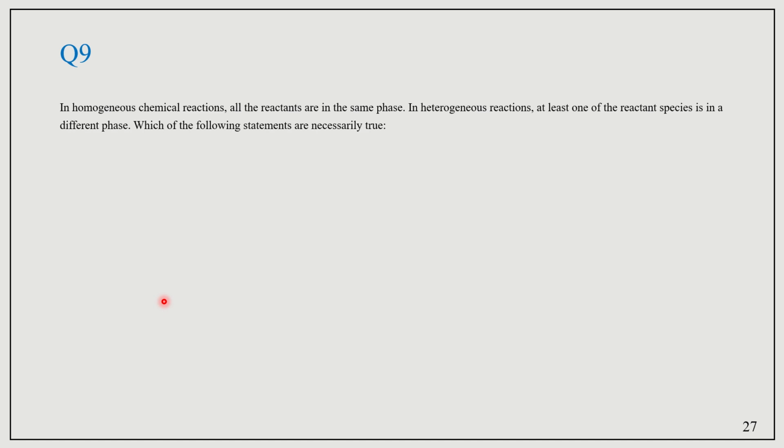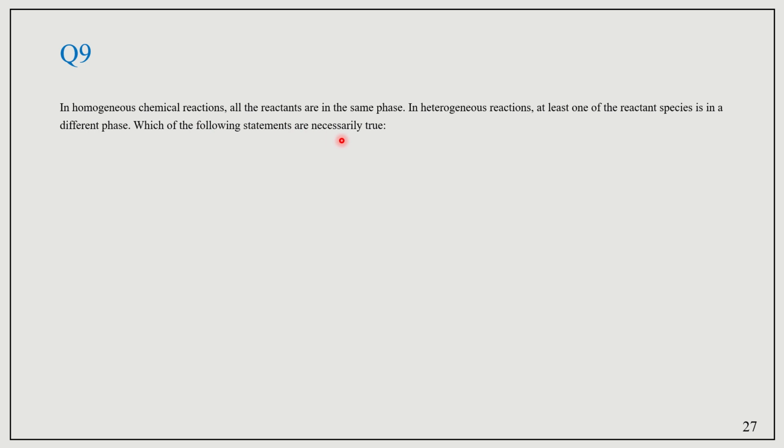So now coming to question 9. In homogeneous chemical reactions, all the reactants are in the same phase. In heterogeneous reactions, at least one of the reactant species is in a different phase.